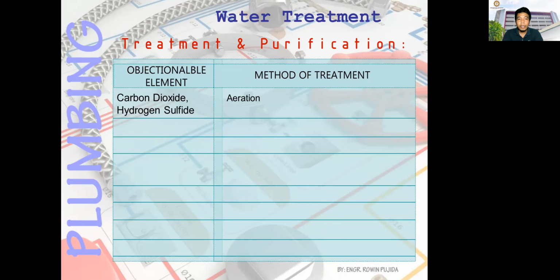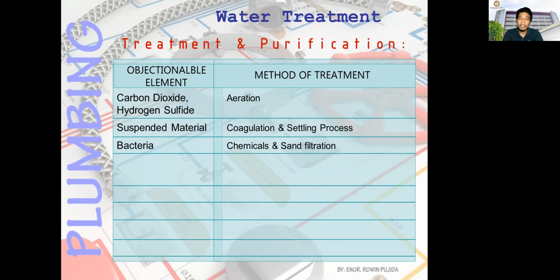For example, for carbon dioxide and hydrogen sulfide, the method of treatment is aeration. For suspended materials, you have coagulation and settling. For bacteria, you have chemicals and filtration. For calcium and magnesium, you have the addition of water softeners.